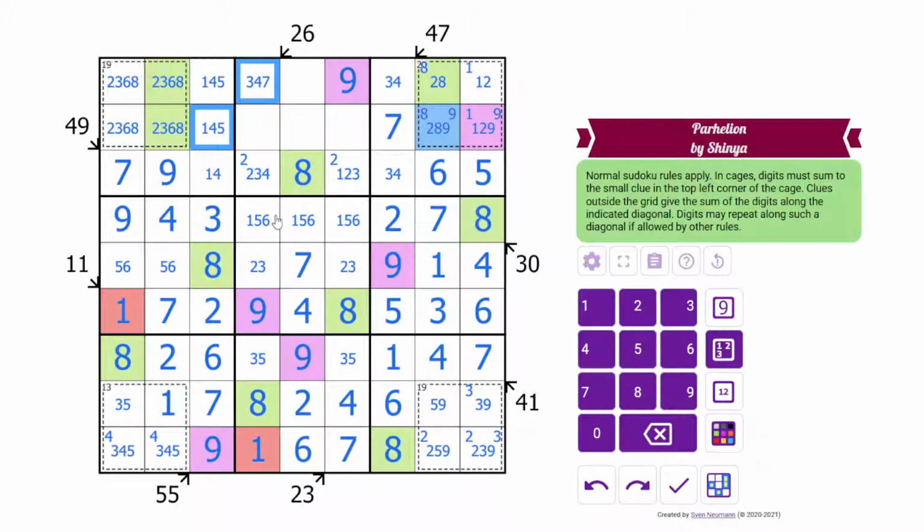If that's a 5, that's a 3. That's a 2, that's a 5. That's a 1. That's 6. That's whatever's left over.